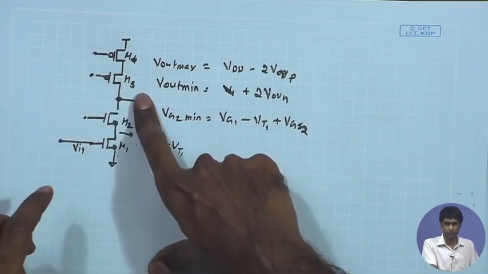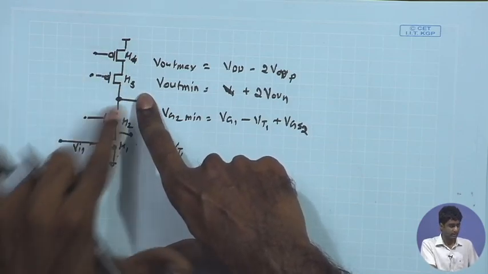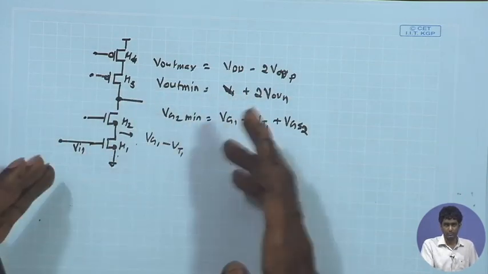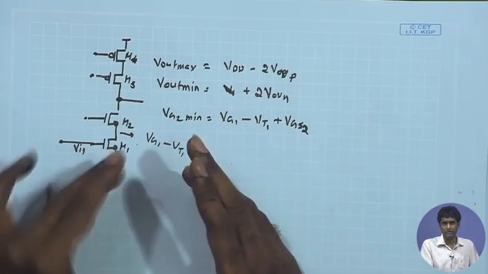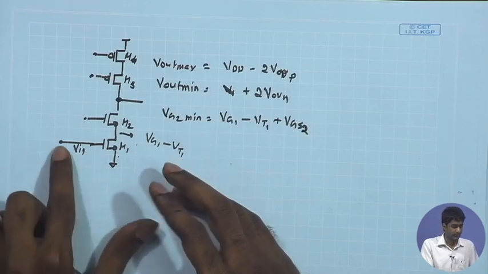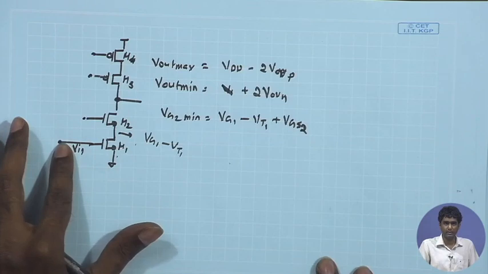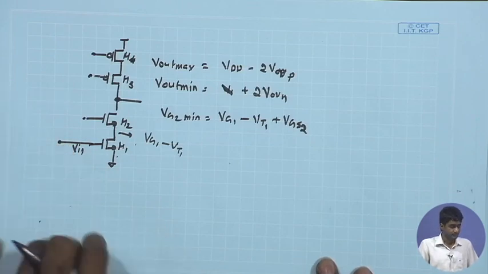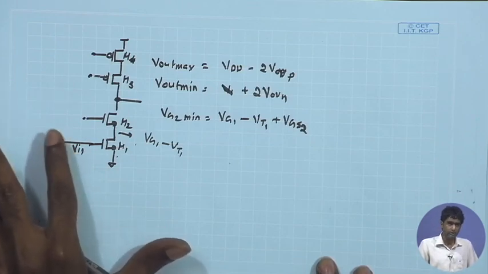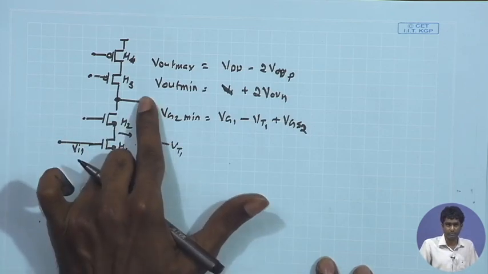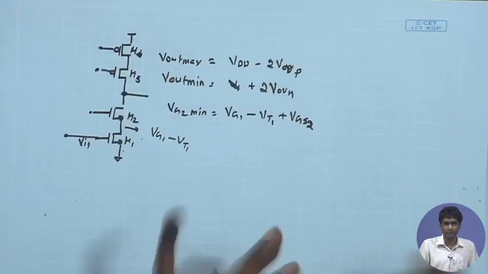Suppose we are able to get 1 volt, which is not very difficult to obtain, and that is divided by the overall gain, gm ro whole square by 2, which is pretty large. It can be several thousands. As a result, the input signal swing that you are allowed to have is possibly millivolts or lower than that. This is how I can find out the allowed input peak to peak swing: maximum output swing divided by the overall gain for the open loop case.